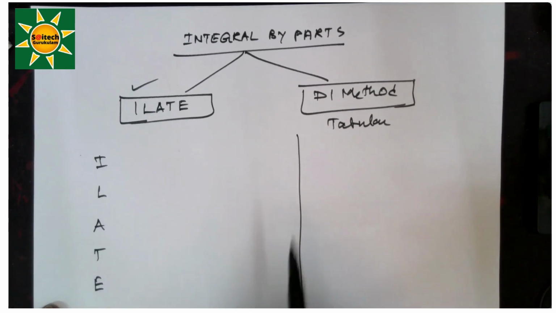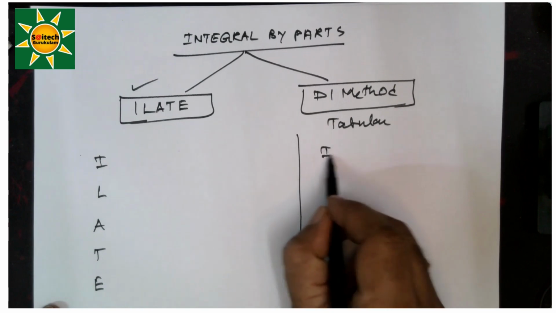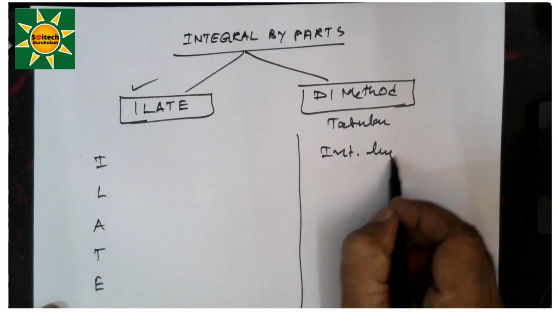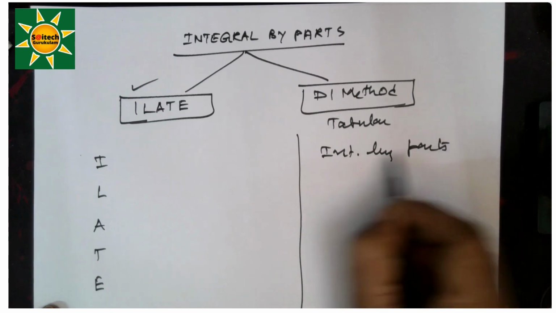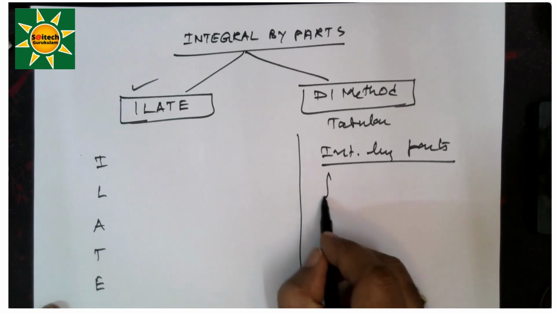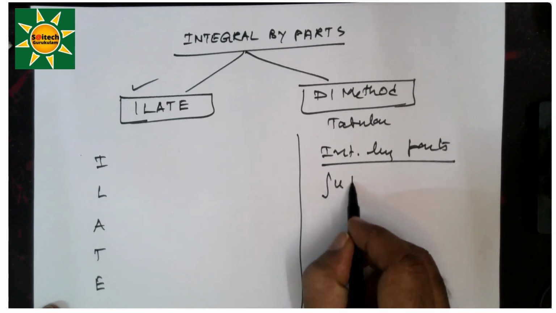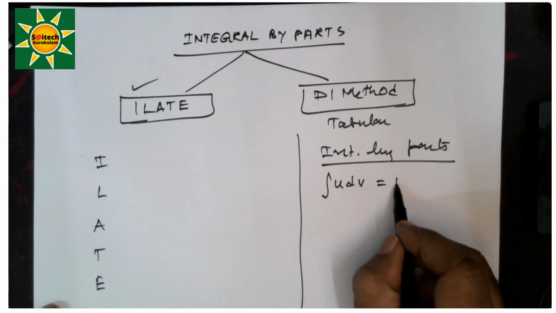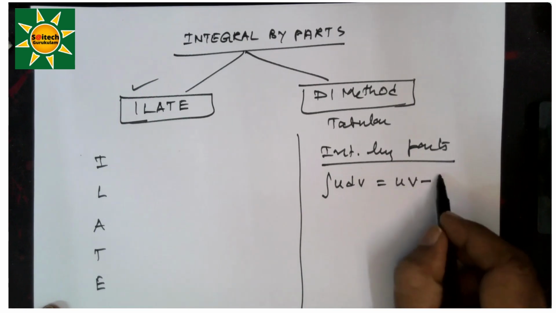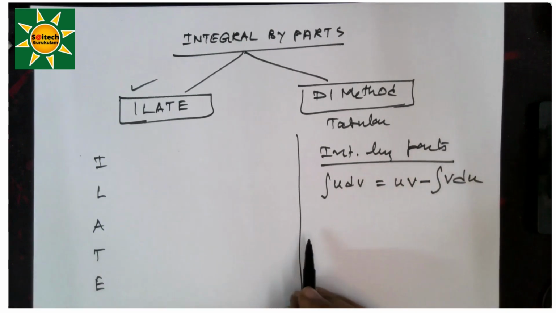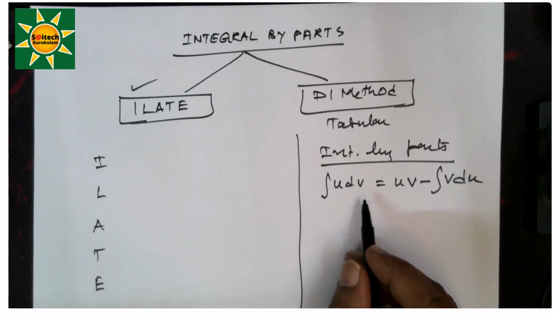First of all, let me consider the integral by parts. Integral u dv is equal to uv minus integral v du, where u is the first function, v is the second function.